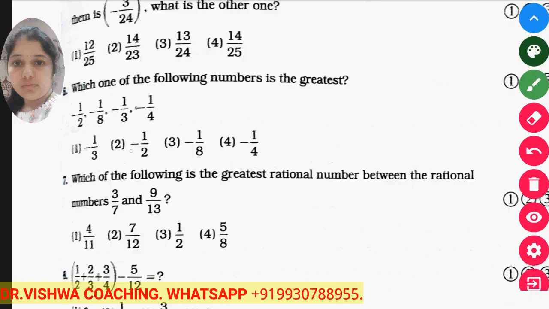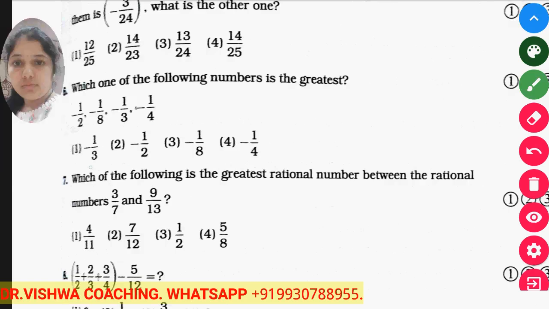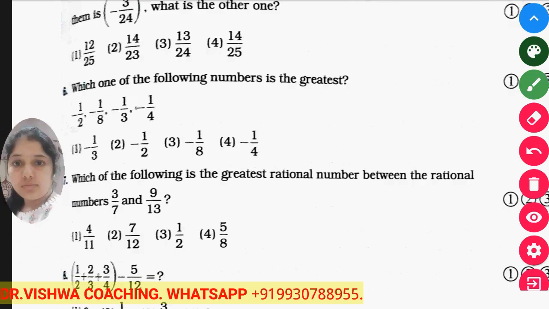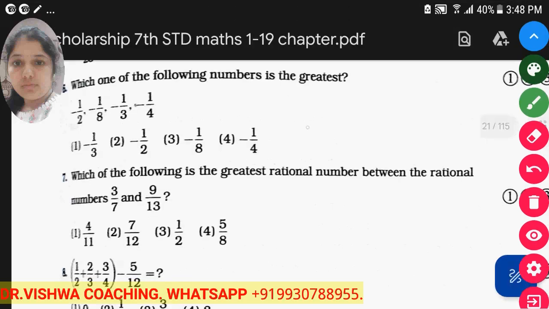When the numbers are positive, the number with the smaller denominator is greater.